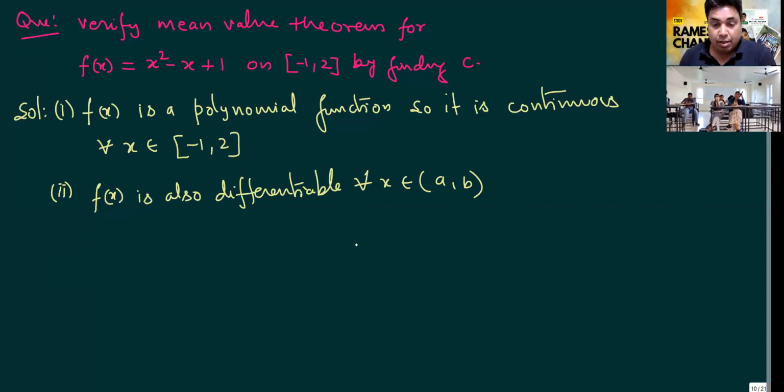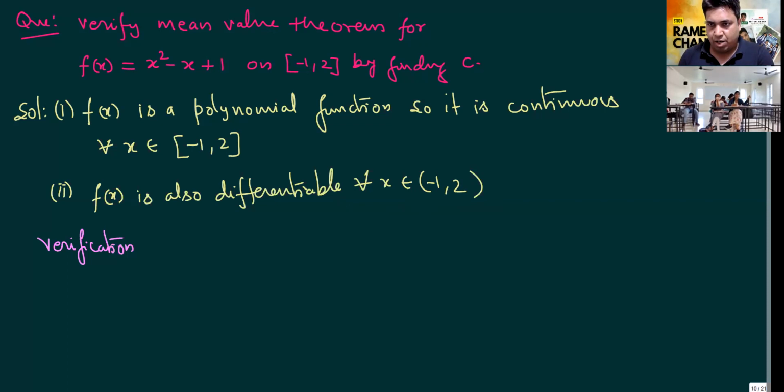Now we need the verification statement. Now what it is saying is that if these two conditions are met, then there exists at least one C in between -1 to 2, such that f dash C becomes equal to the slope of line segment AB.